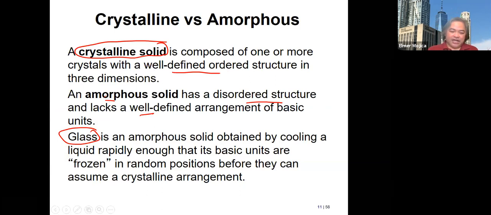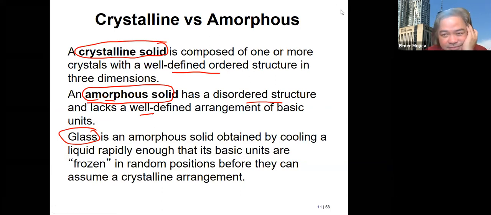What other examples can you give of an amorphous solid? Anyone? I don't know if you're familiar with this one because you might put another meaning to this. What's a rubber? Where do you use the rubber?